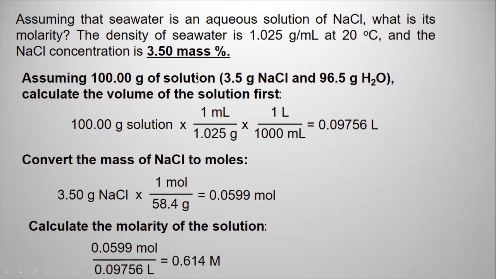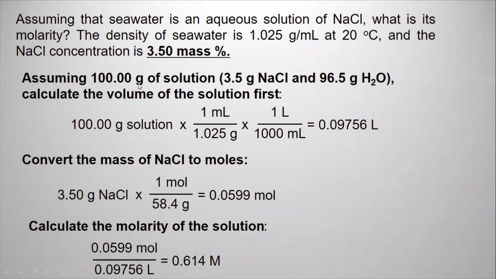So this first line here just explains the 3.5 mass percent given. I hope everybody understood how to express the mass percent. When it says 3.5 mass percent, that means it has 3.5 grams of the solute, which is sodium chloride, in a 100 gram solution.